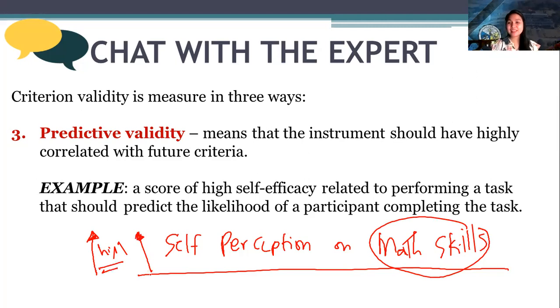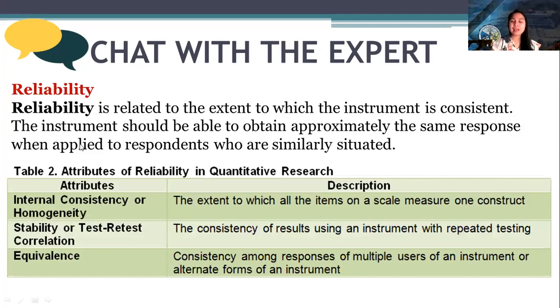That is a predictive validity. So teachers will say, the student has a high self-perception on his or her math skills, so possibly he or she will get a good exam score. That's a predictive validity.